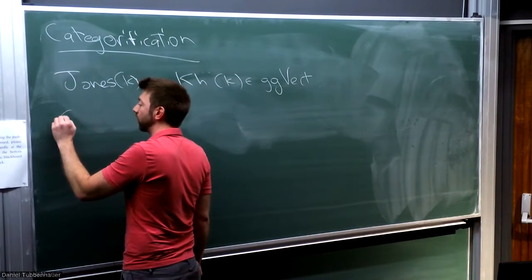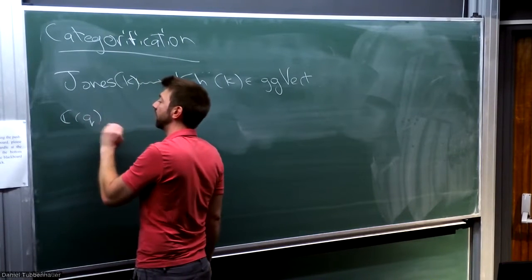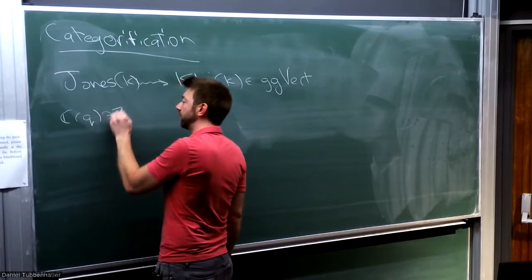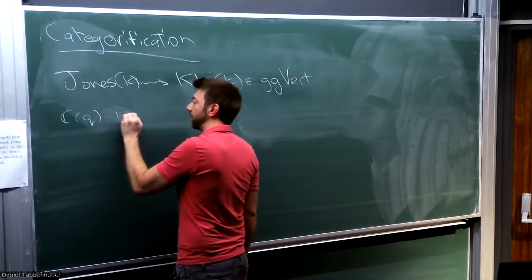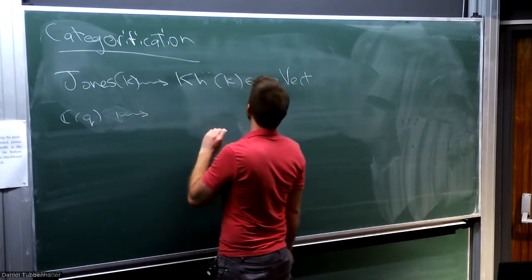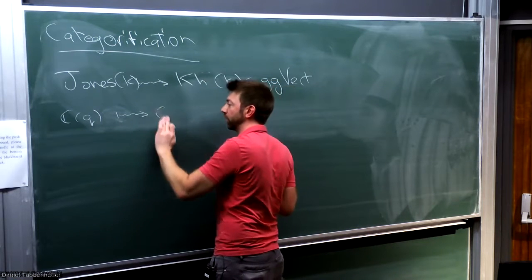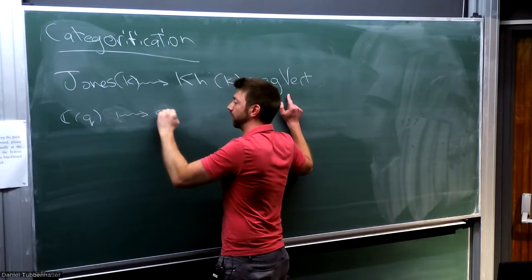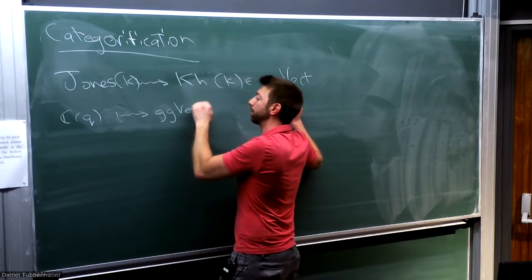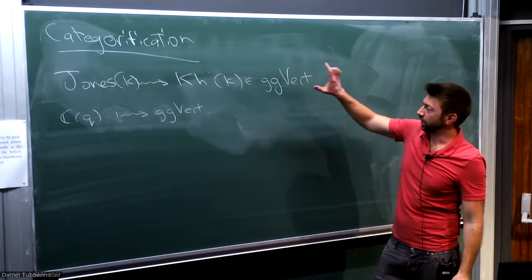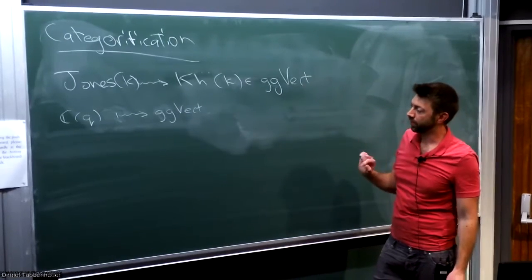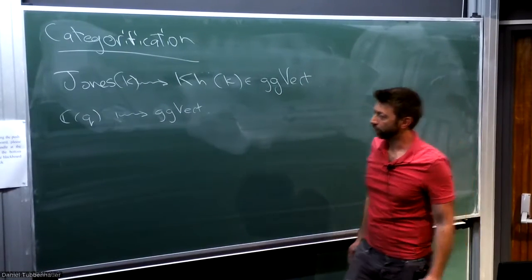The ring of coefficients, really everything can be done integrally. So this gets categorified by chain complexes, or I'll say doubly graded vector spaces here. So GG vector is the target of all our invariants. We categorify.